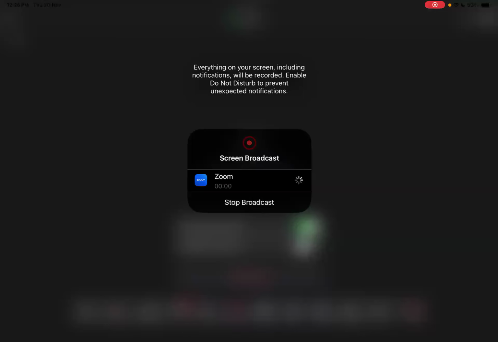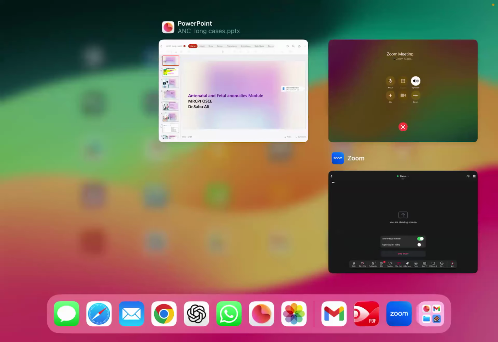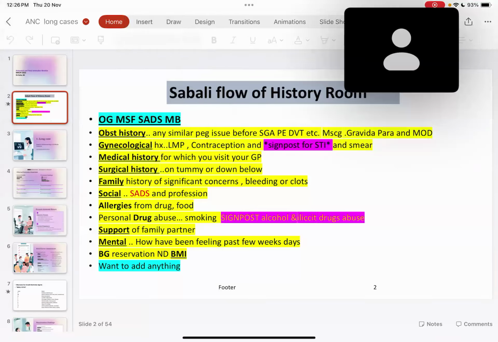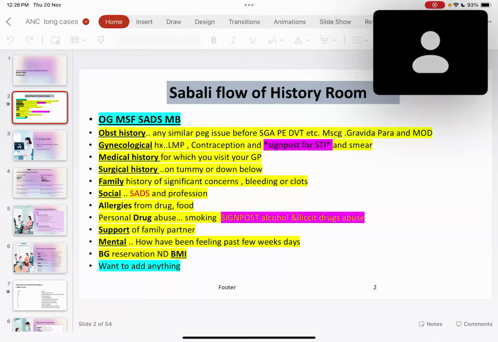I will share the screen. Just wait a second, because I wanted to take that history slide that will help you. Okay. So before going in, I want you to remember this history template for any obstetrical and for any gynecological patient.